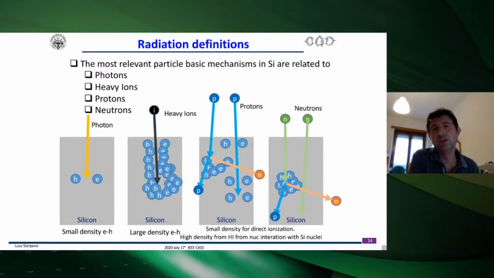But this can eventually be useful when we look at the technology, at the realization of a new FPGA. Of course, a photon will traverse and generate a couple of electron holes. A heavy ion generates a group of electron holes that will affect the surrounding area. Protons and neutrons instead are going to cause spallation effects, kicking other particles inside the material and creating subsequent phenomena.